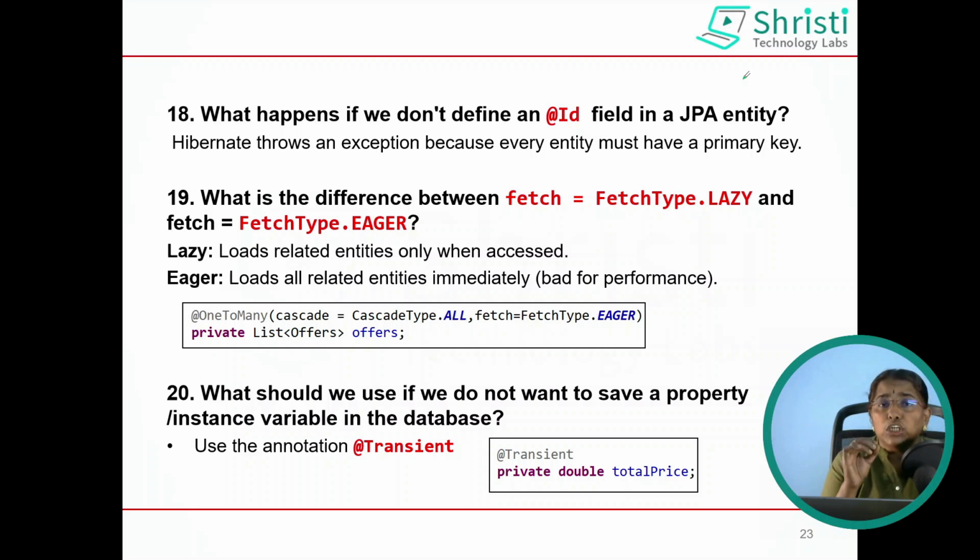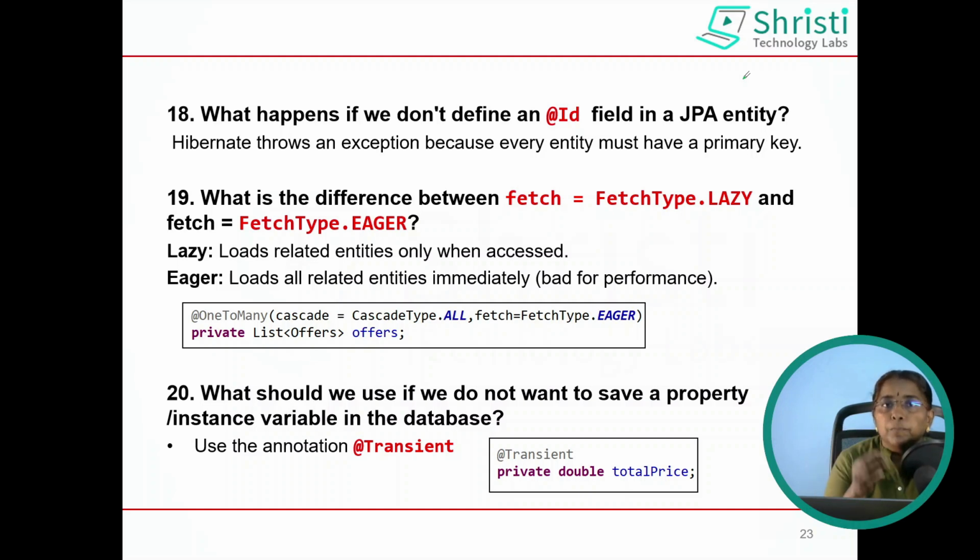While working with one-to-many and many-to-many, the fetch type is by default lazy because for one entity you have a list of many related entities on the many side. So to avoid bad performance, the fetch type by default is lazy. Both one-to-many and many-to-many have the fetch type as lazy.